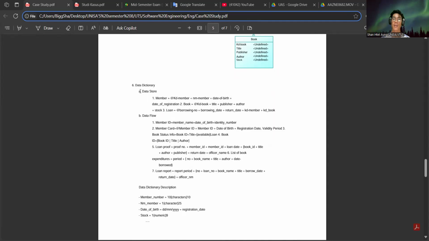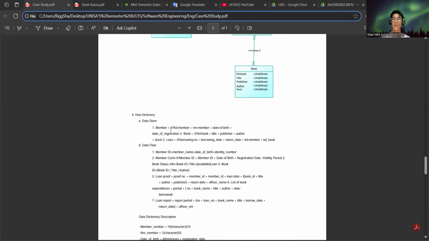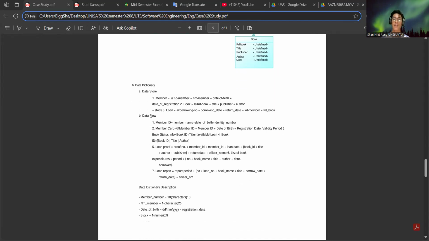And number eight is the data store. There are three data sets we need to store: member, book and borrowing records. After that, the data flow.